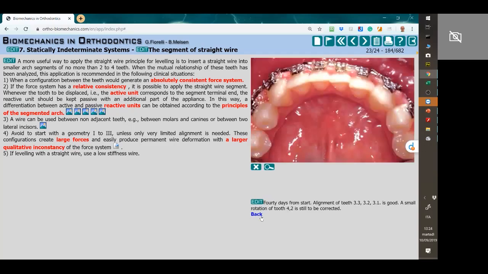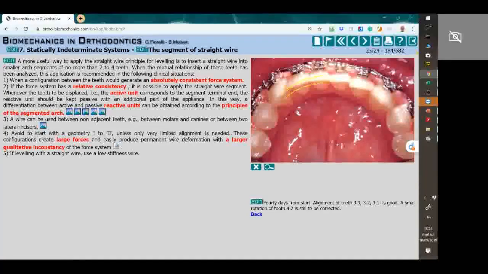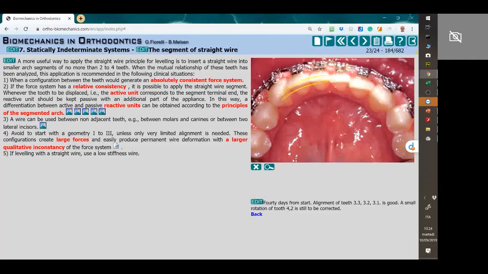And just 20 more days later, so it's not more than a month and a half, I am in this condition. So what happened is that the real problem which was in this area is now being corrected, and the only thing that you don't like is this little bit of rotation here. This little bit of rotation was here at the beginning.